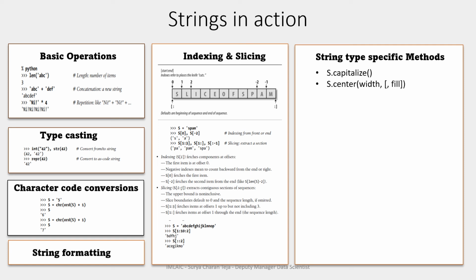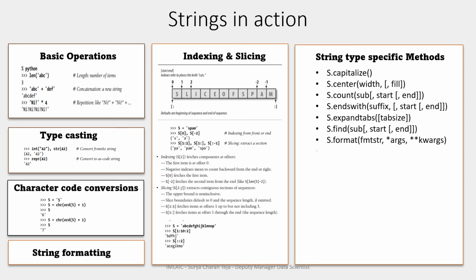One is capitalize, another is center, count, endswith, expandtabs, find, format, index, and isalnum. If you remember in our previous video on expression operators, we discussed the s dot attribute expression. It connects your method with a certain object or module.